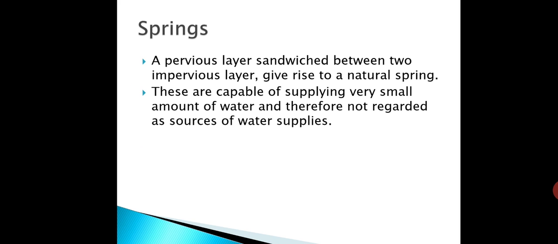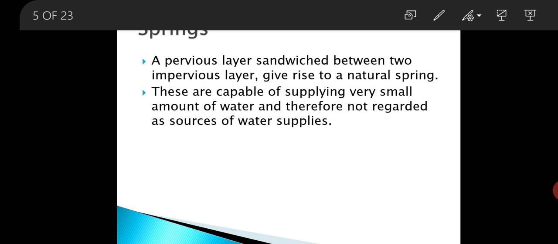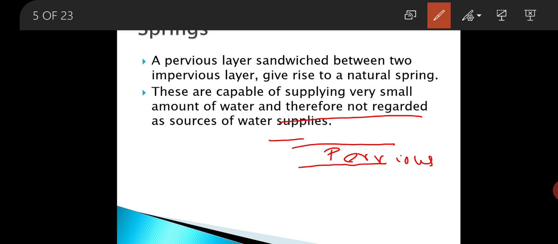The natural outflow of groundwater at the earth's surface is said to form a spring. A pervious layer sandwiched between two impervious layers gives rise to a natural spring. Suppose this one is a pervious layer which is placed between two impervious layers.